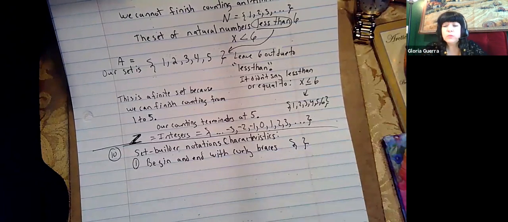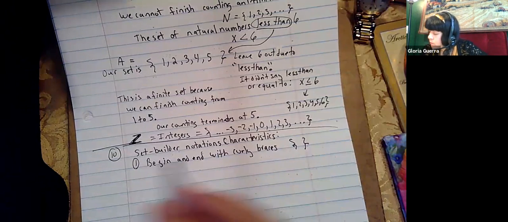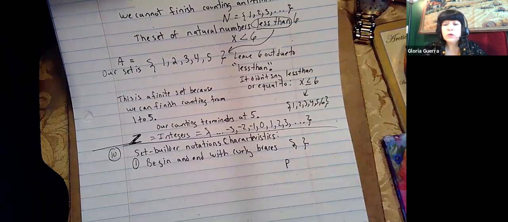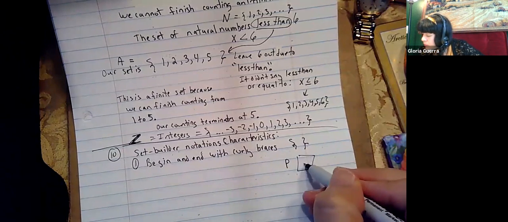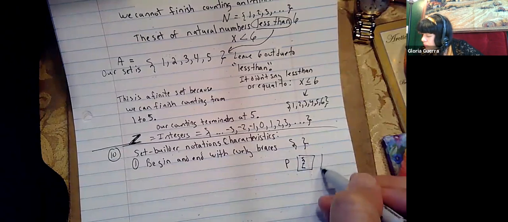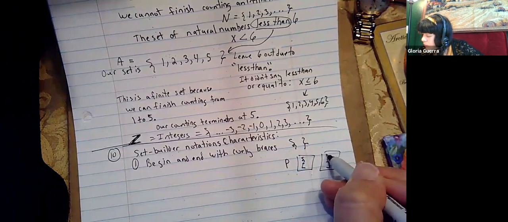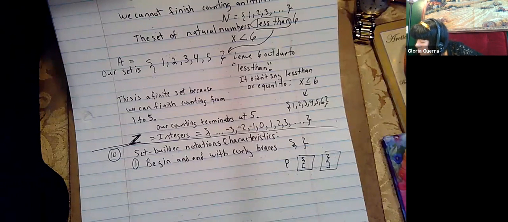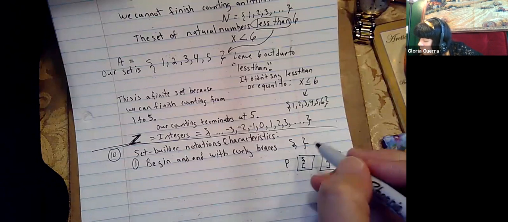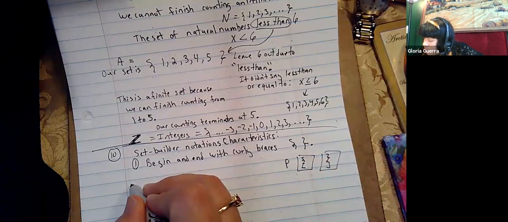They're on your computer keyboard, right on top of the bracket, right by the P. You can get a good picture of your curly braces because they are on your keypad there. So set builder notations begin and end with curly braces. They're a little hard to draw.